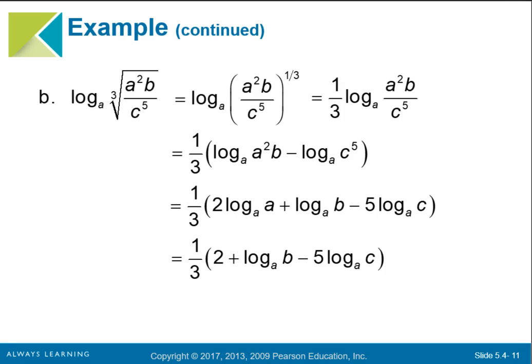Now, something kind of magical happened here from one step to the next. If you take a look, the very first term, we have log base a of a, and we had a 2 down in front of it, and then all of a sudden we just have a 2. Well, what happened? Remember, we're dealing in exponents, so if I have a raised to the first power, I get an a, right?